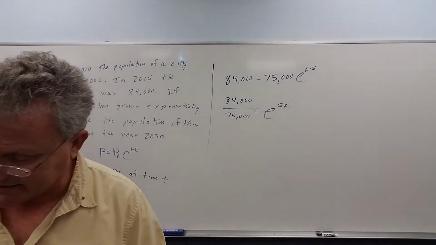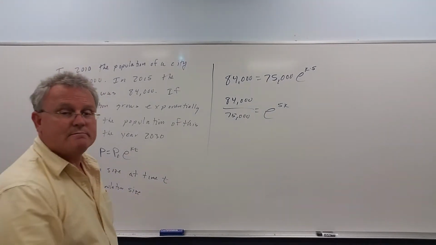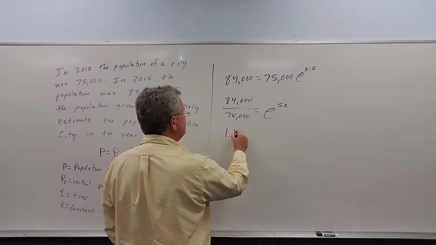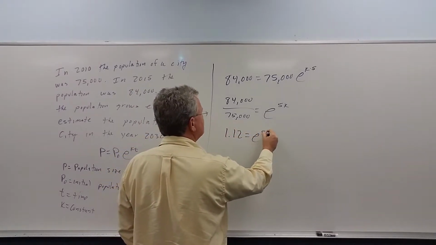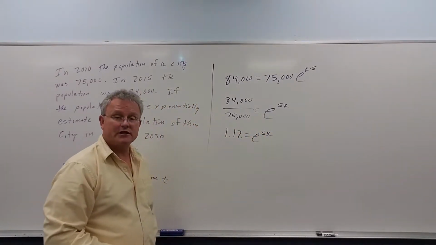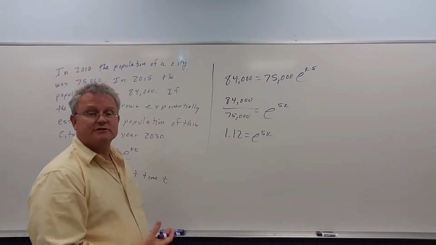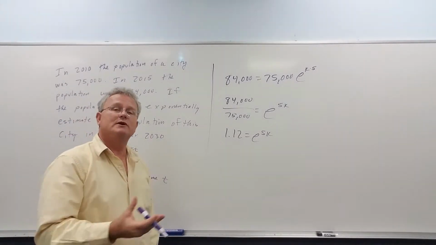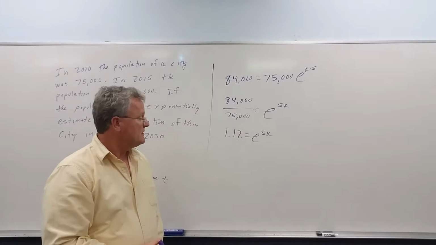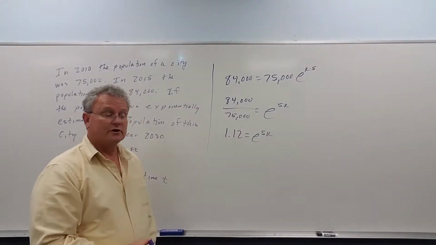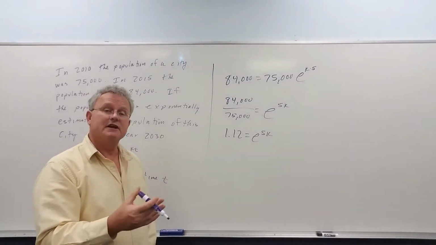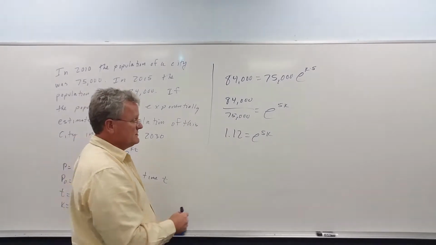84,000 divided by 75,000 is 1.12. Just get out your calculator. Now this is an exponential equation that we learned how to solve in earlier videos under the topic solving exponential and logarithmic equations.